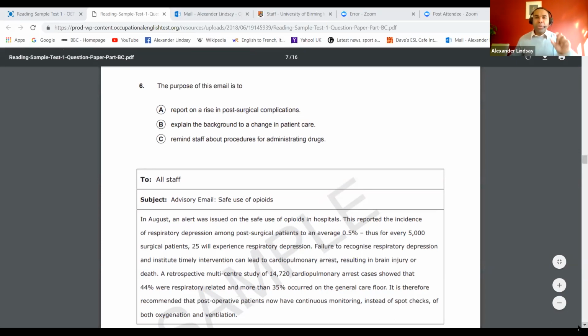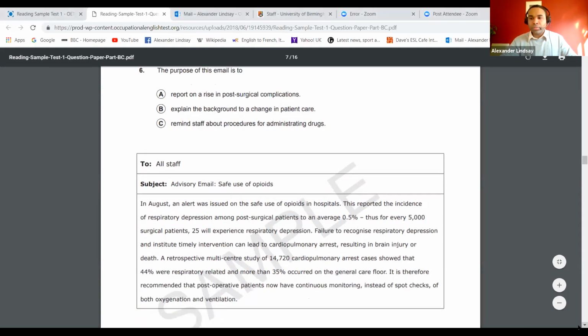So remember, for this, it's not necessarily going to be one specific word or phrase, but the text as a whole is going to tell you what the purpose is. Which part of it is background, which part of it is the main focus. Remember, this is the question. You're asking why. Why was this email written? Okay, just give another 30 seconds and then we'll have a look at the answer together.